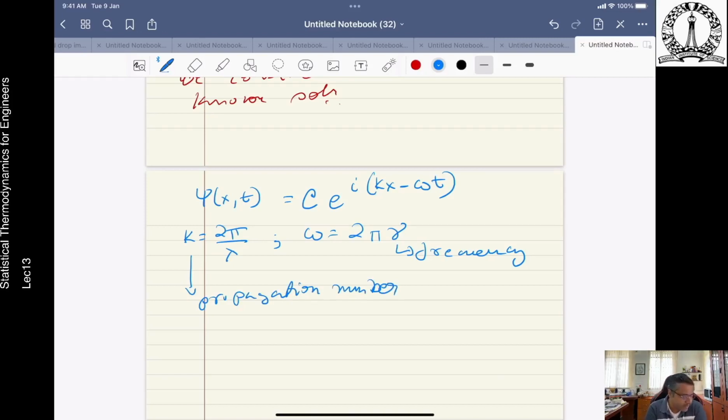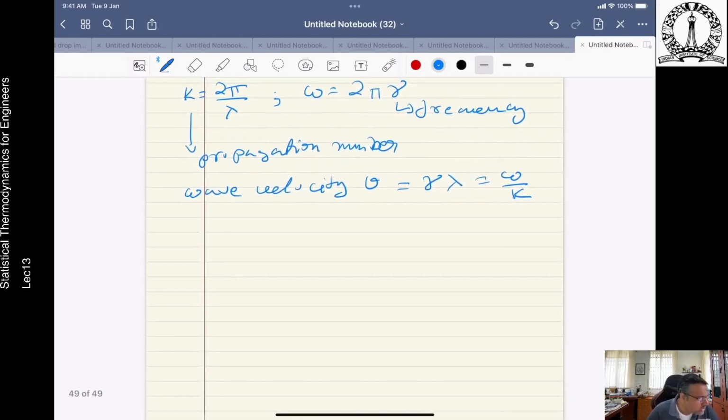So this is quite clear. The wave velocity v is equal to nu times lambda, which we also have as omega divided by the propagation number k. So this is the solution.